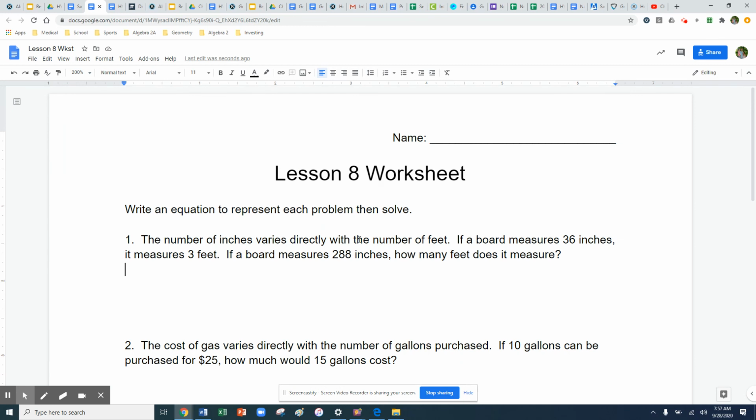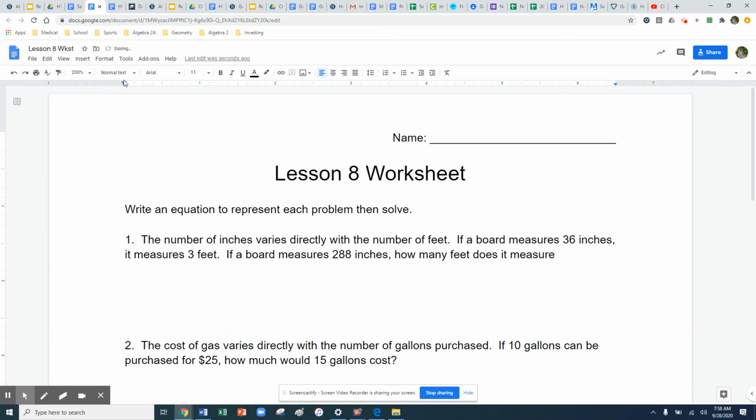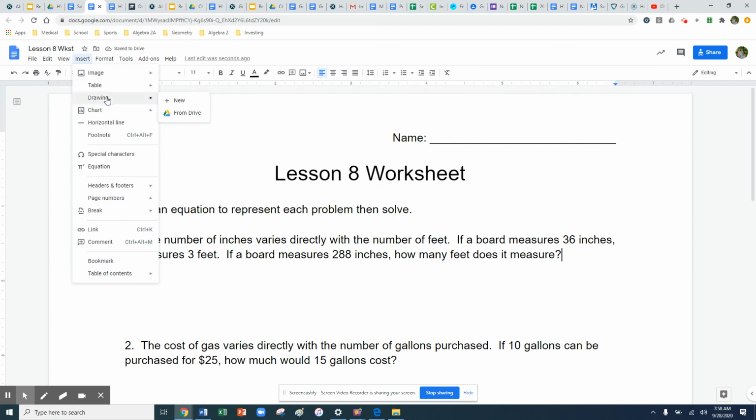It says the number of inches varies directly with the number of feet. If a board measures 36 inches, it measures 3 feet. If a board measures 288, how many feet does it measure? Something that you can do on these worksheets is you can type if you want to type your answers. Or you can actually insert. If you go to insert, you can insert drawings.